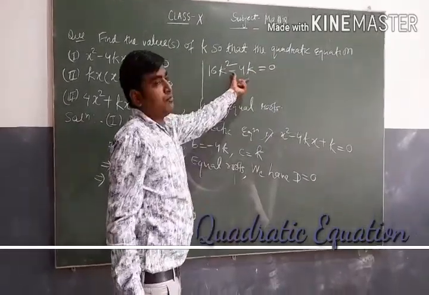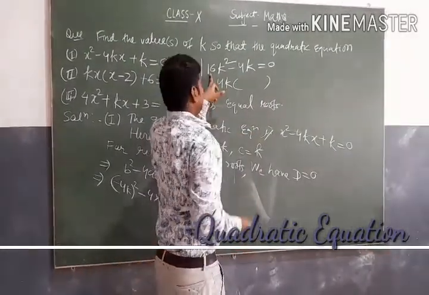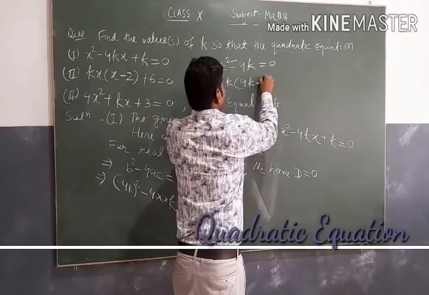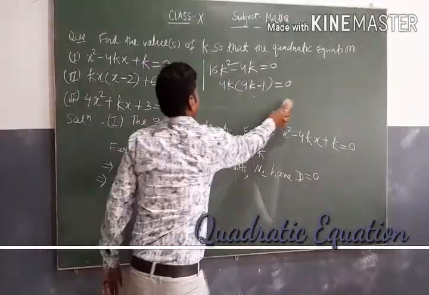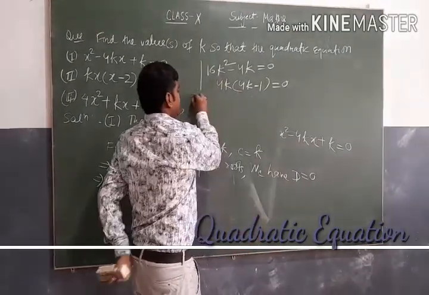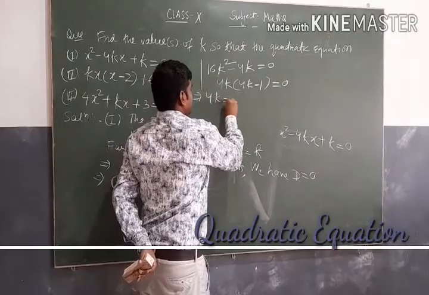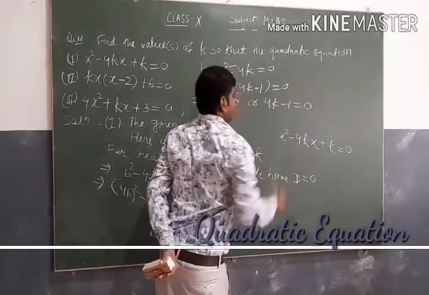Here we see that 4k is common, so I am taking 4k common in both terms. It gives 4k into 4k minus 1 equal to 0. This implies that 4k equal to 0 or 4k minus 1 equal to 0.